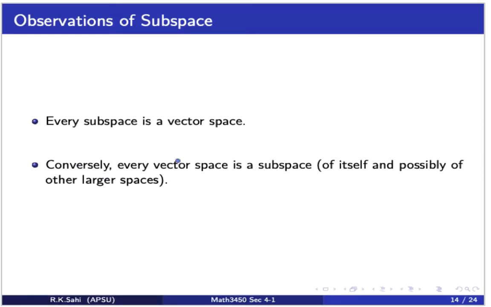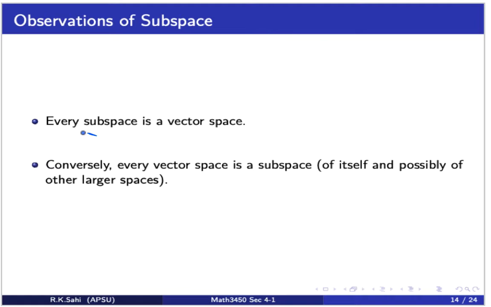The observation is that every subspace is a vector space. In other words, if we prove that the subset is a subspace, then all these four properties can be used in proving all the 10 axioms of the vector space. It's much easier to have a subspace than the vector space, as I said.